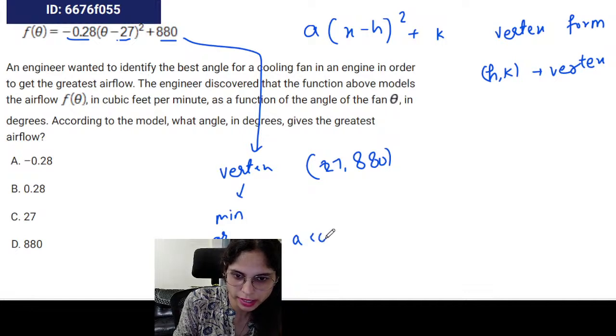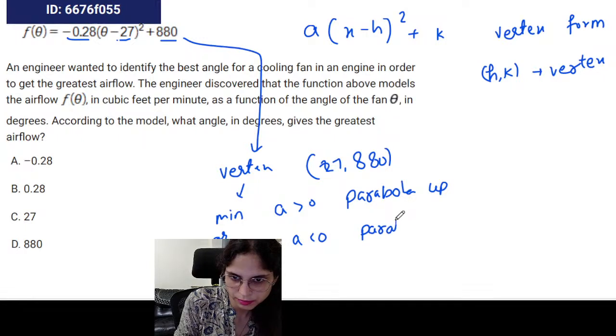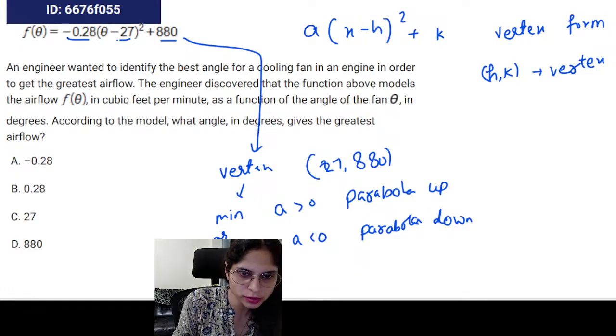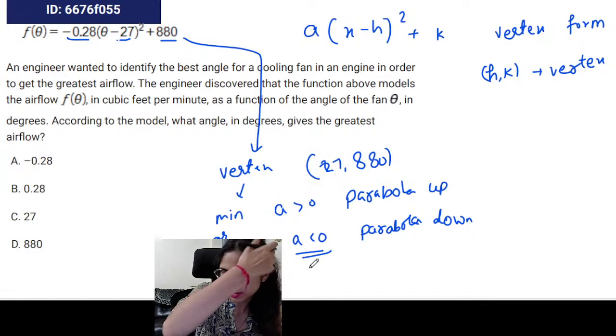Parabola down is a less than 0, minimum is a greater than 0. Here the value of a is negative 0.28, so this represents the maximum, because a is less than 0.